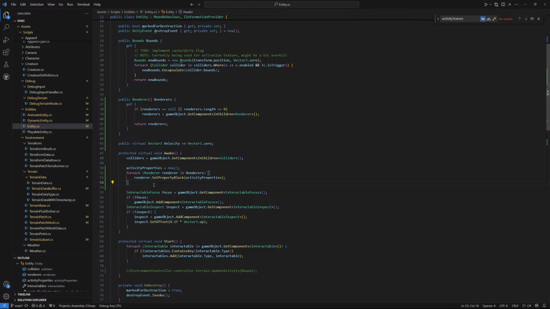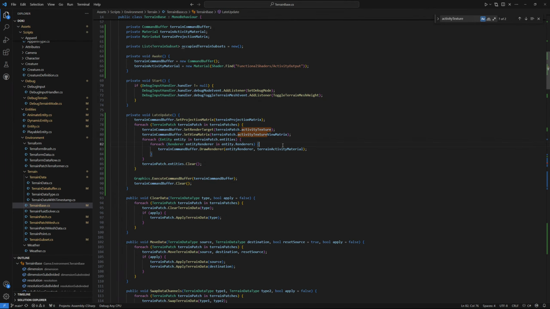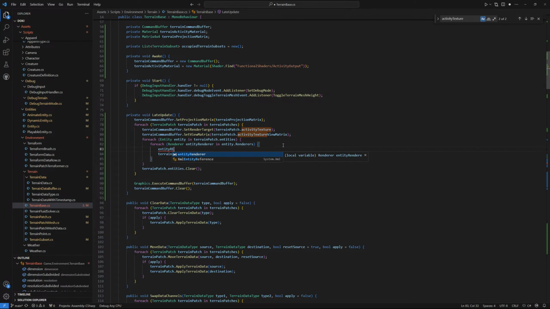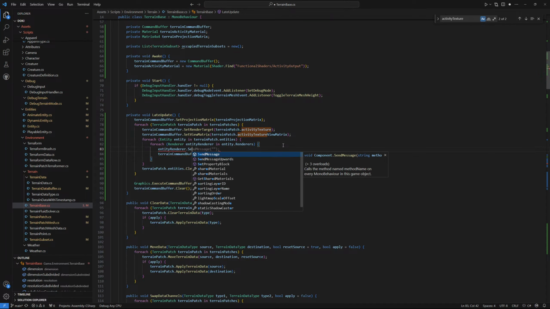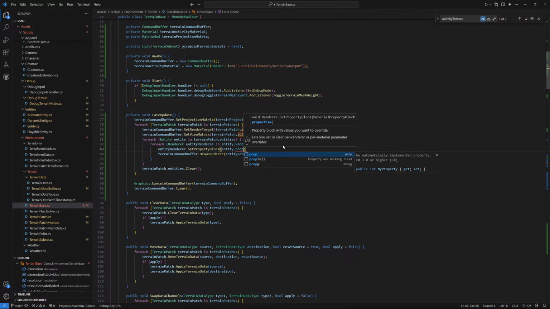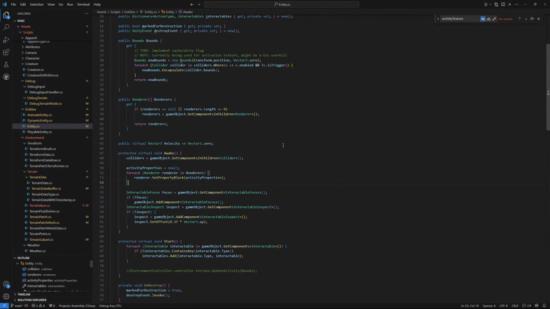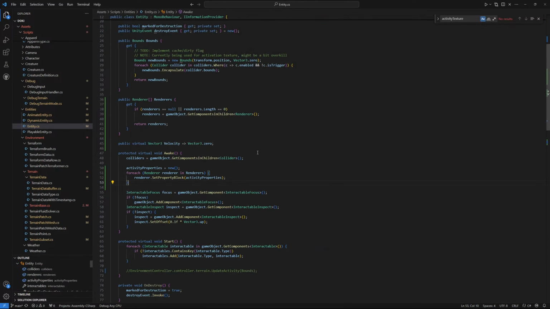Which makes me want to try, let's do it. Entity renderer dot property dot set property block, entity dot prop activity.